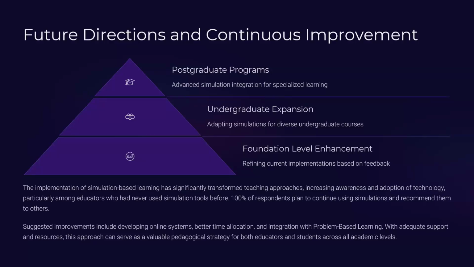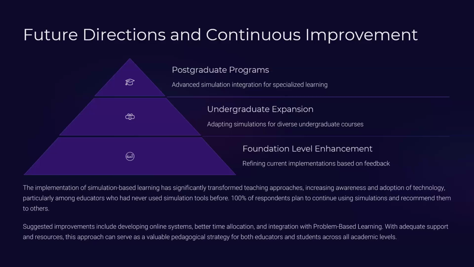So in future direction, we want to do CQI, continuous quality improvement. At the moment, we implement this at foundation level for certain modules. Probably in coming semesters or coming cohorts, we plan to implement this with more modules at different levels, for example, even at undergraduate and postgraduate level, based on the suitability of the modules.